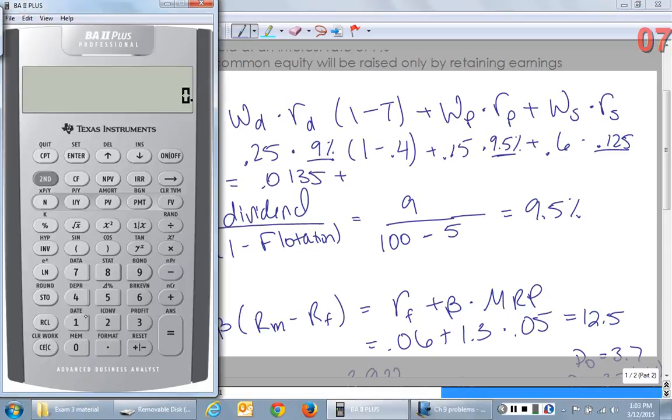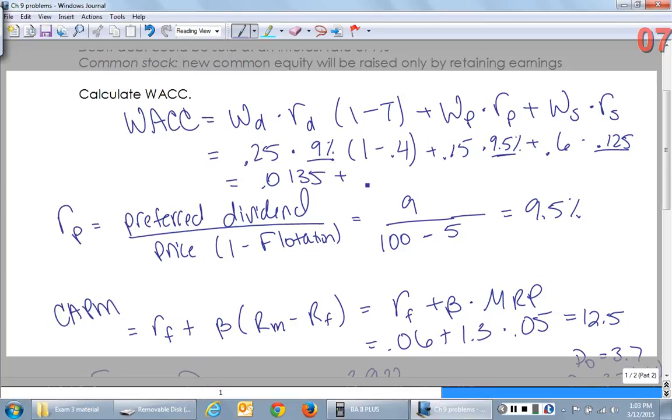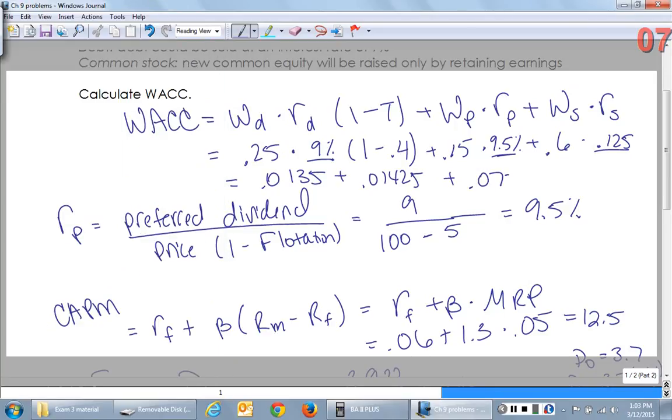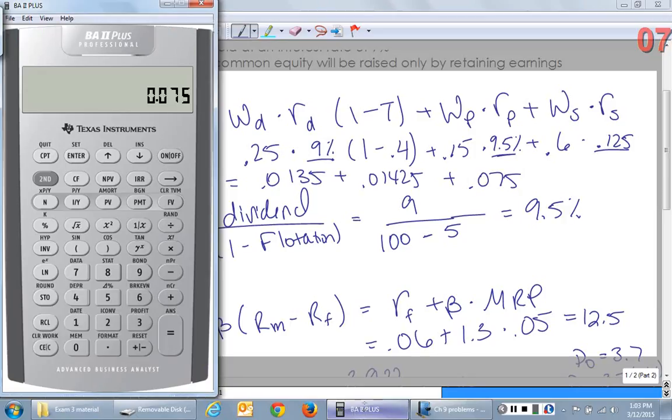Then we have our 15% times 9.5% to give us 1.425%. Plus 60% times 12.5% gives us 7.5%. So now we can add all of these up.